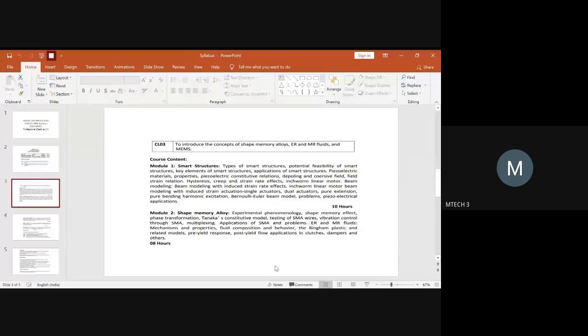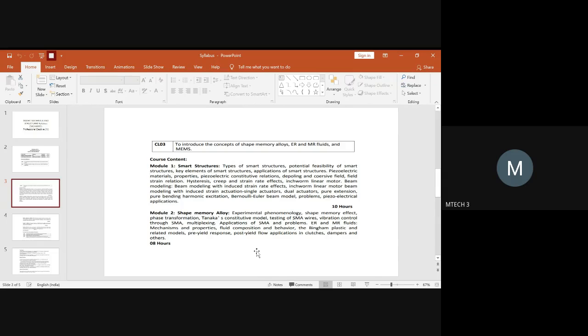Yes, ma'am. Mithun, yeah, now tell me. In shape memory alloy, what do you want to do? I will be doing the shape memory effect and phase transformation. Yes, ma'am. So I need to cancel the Bernoulli-Euler beam model, right? Yes, ma'am. So you want to go with shape memory. Repeat. Shape memory effect and phase transformation.